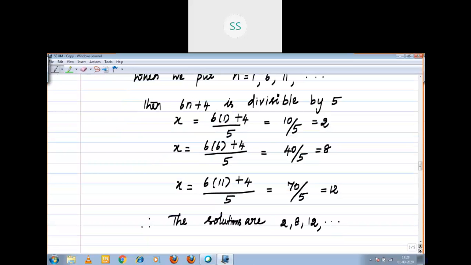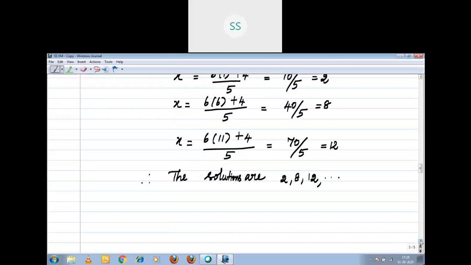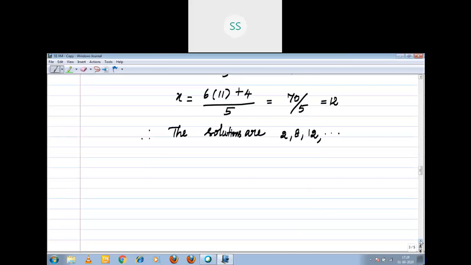The question number 4. Question number 4 I am going to do, right? Solve 3x minus 2 congruent to 0 modulo 11.